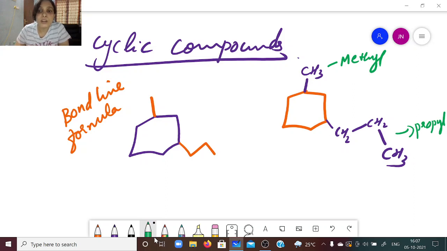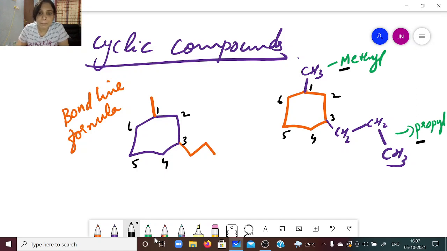Now, how can you count this? We will see the alphabetic order, which is coming first, M or P. We know M is coming first, right? So this will be given number 1, 2, 3, 4, 5, 6. The same thing here. These are both the same compounds. Now what is the name?